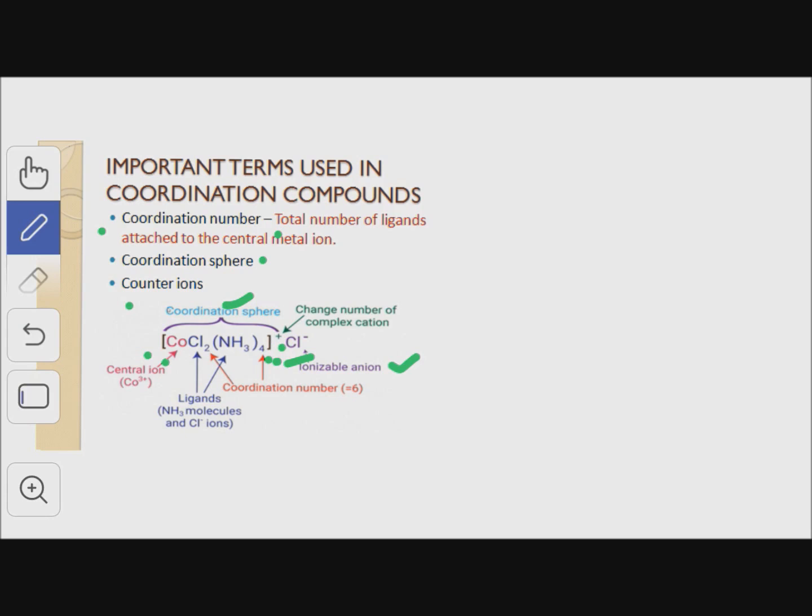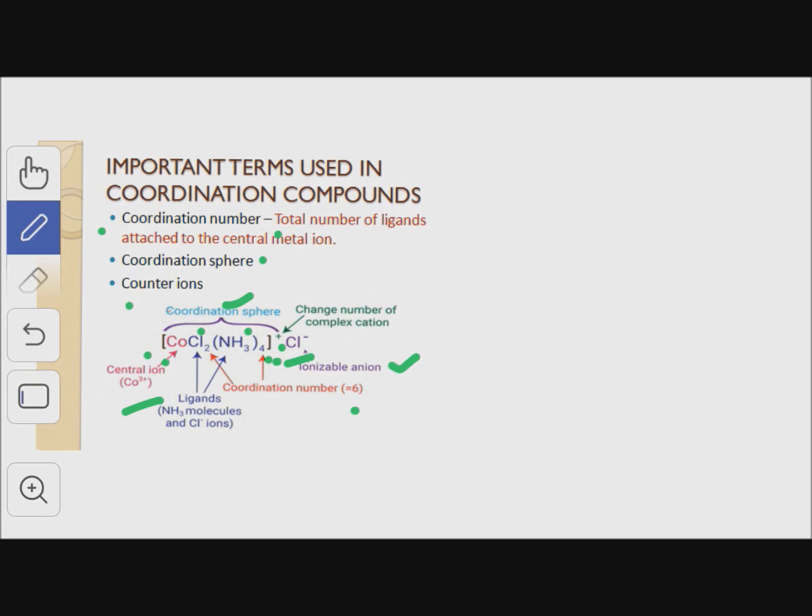And here in this example, cobalt has an oxidation number of +3, and the oxidation number means the charge acquired by the central metal ion. And the coordination number in this example is 6, because there are 2 chlorine atoms and 4 NH3 molecules which are directly linked to the cobalt central ion.